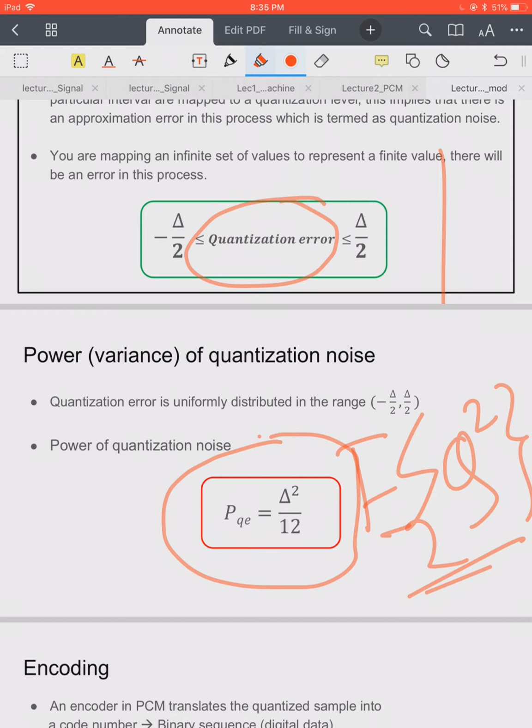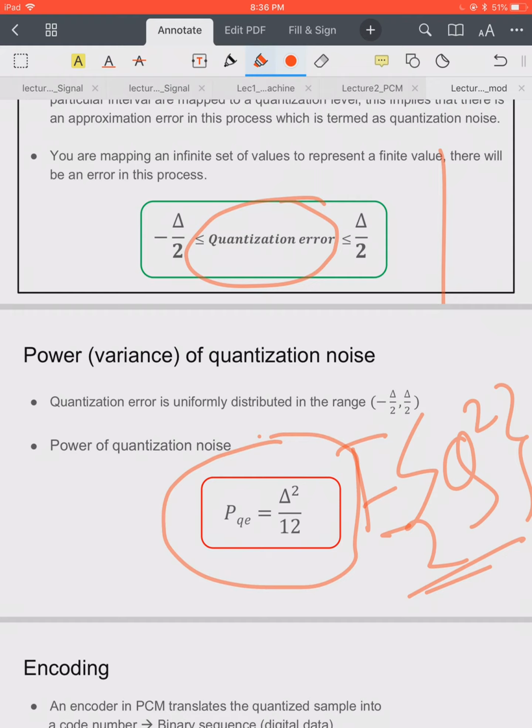For this time, please remember these things. Remember that my quantization noise is uniformly distributed between minus delta by 2 to delta by 2, and from this uniform distribution we can compute the power of quantization noise as delta square by 12.